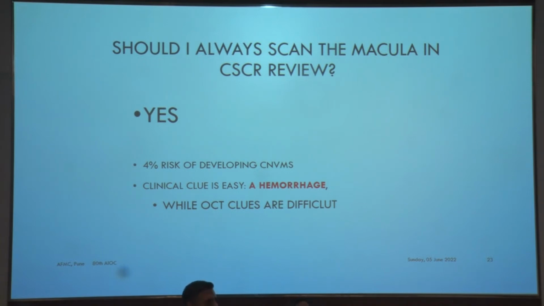So the OCT clues are important, such as the ones we discussed, which include intraretinal fluid, any segmentation, and any choroidal thickness associations. We know that in CSCR the choroidal thickness is more compared to other disorders.